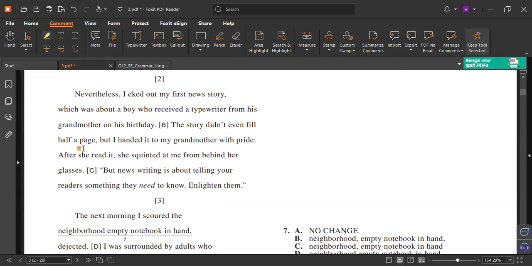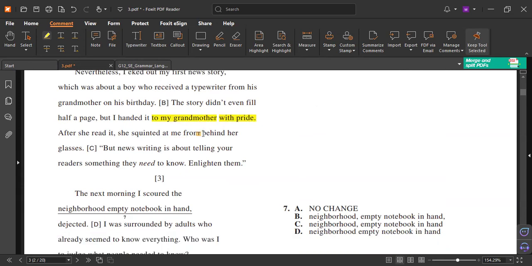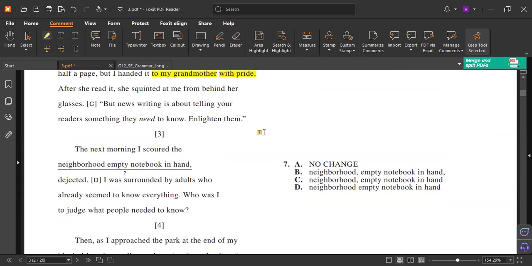There is no phrase, but there is a prepositional phrase. It's called a prepositional phrase. Now it's your turn to find any phrase in this sentence: to know everything, to judge what people need. So to judge is an infinitive phrase, we'll study it now.